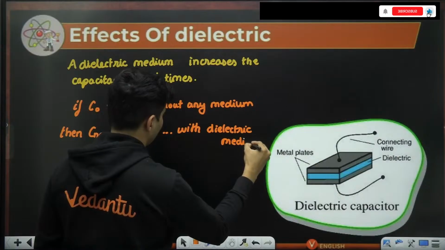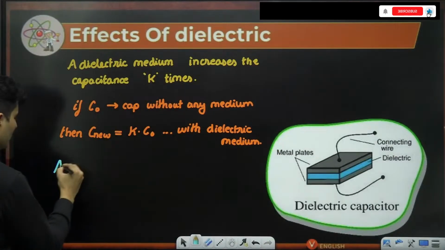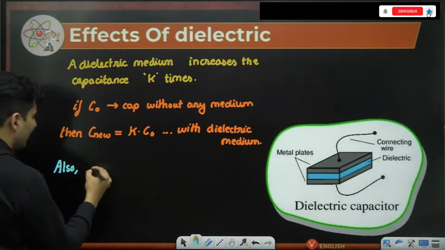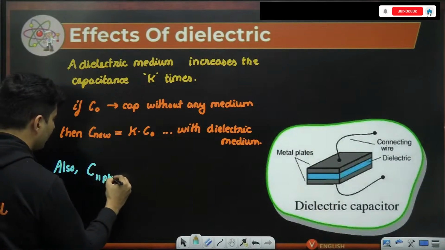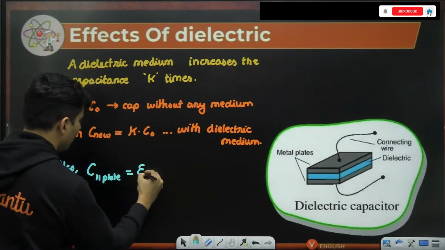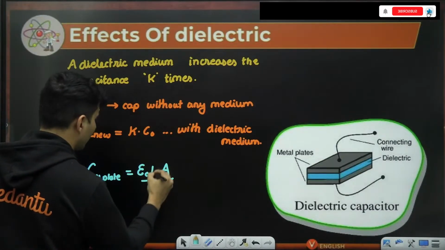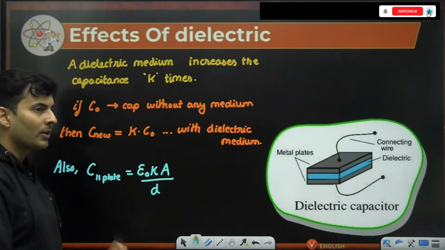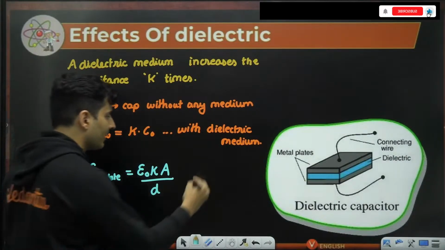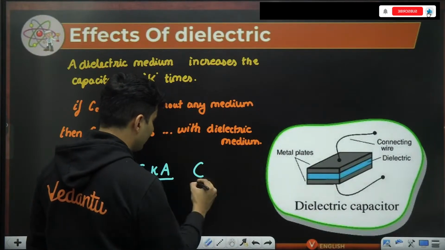Also, just to remind you, all the formulas like the capacitance of a parallel plate capacitor. Earlier, we used to write epsilon naught A divided by D, right? Actually, I should put K also because some medium might be present. Same thing for our spherical capacitor.